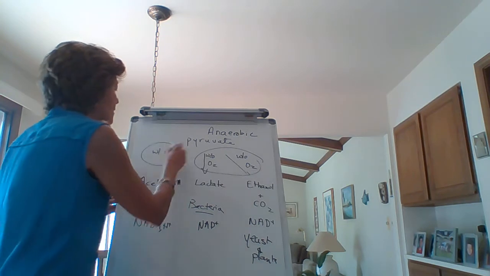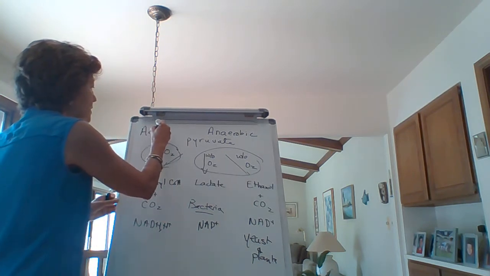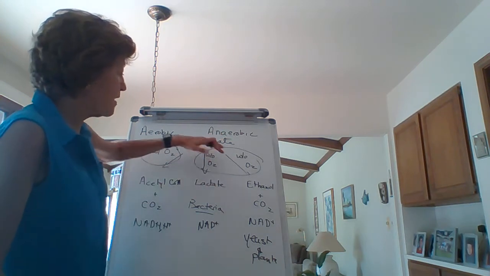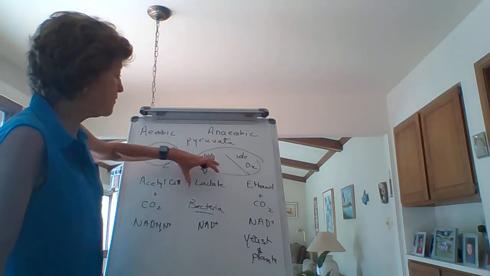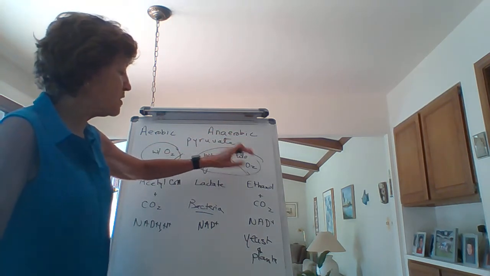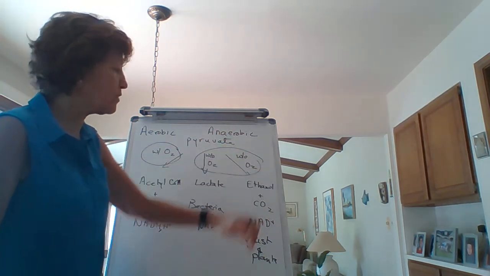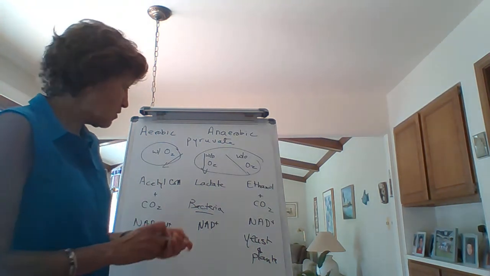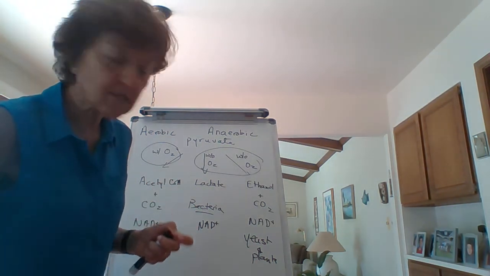The term with oxygen is aerobic. So if you don't have enough oxygen, then if it's human muscle or a bacteria, you turn pyruvate into lactate. If it's yeast or plants, we turn pyruvate into ethanol and carbon dioxide. Okay, so that is that.